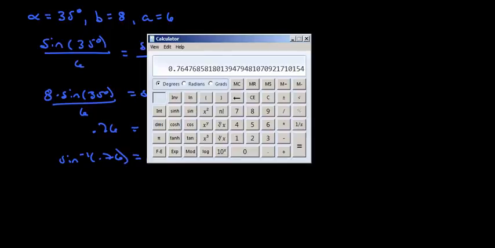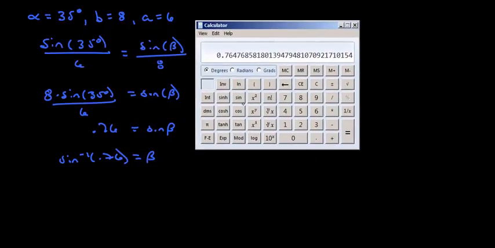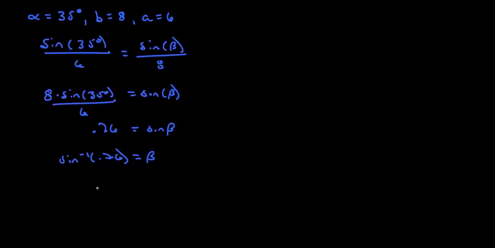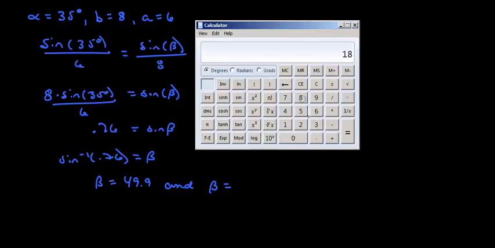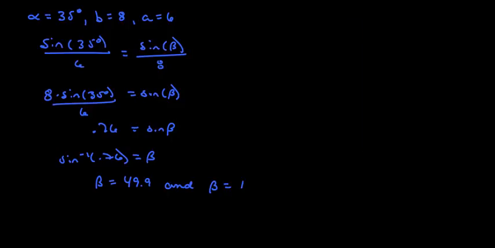So there's two values that are going to come out here. So 49.9 roughly. So beta is equal to 49.9. And the second beta value that comes out is 180 minus 49.9, which is 130.1.